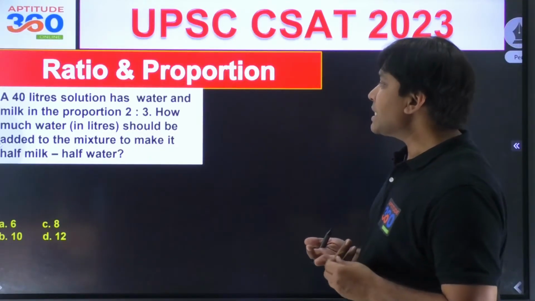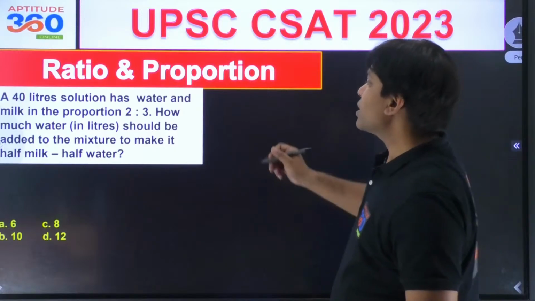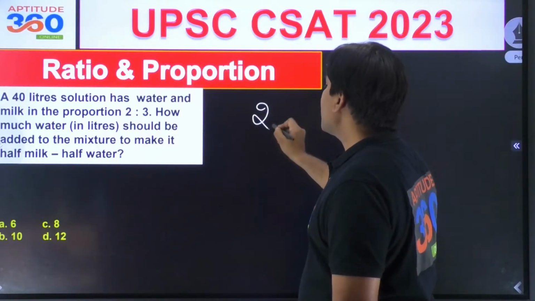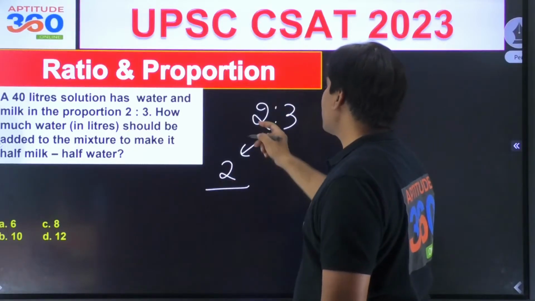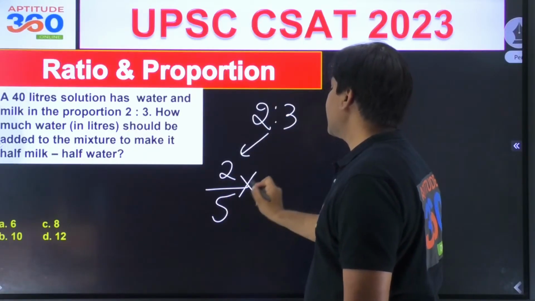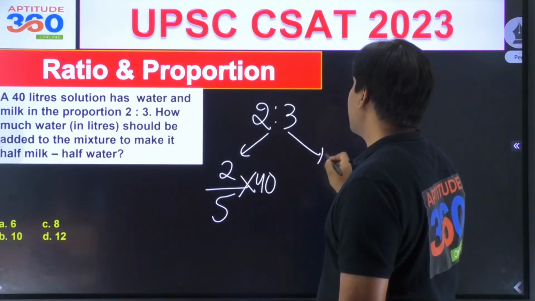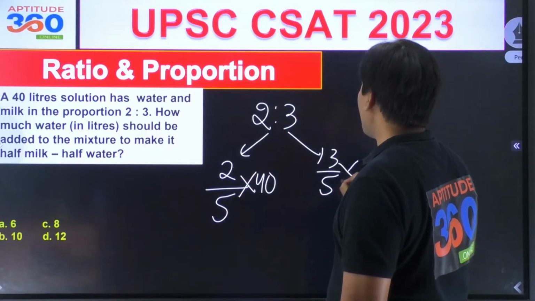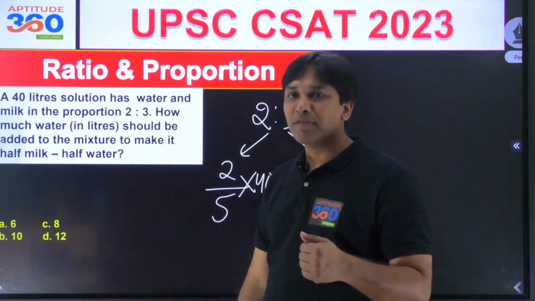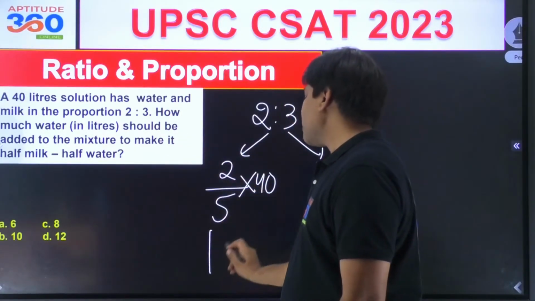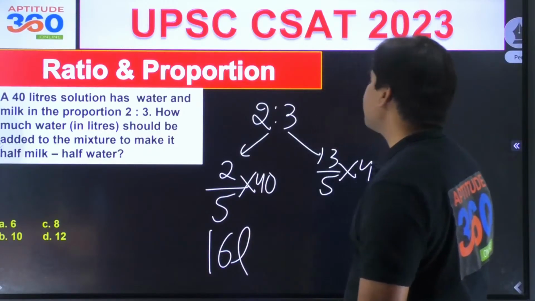A 40 liters solution has water and milk in the ratio of 2:3. So it is pretty simple for us to find it out. This is 2 divided by 2 plus 3, 2/5 of 40, and 3/5 of 40.